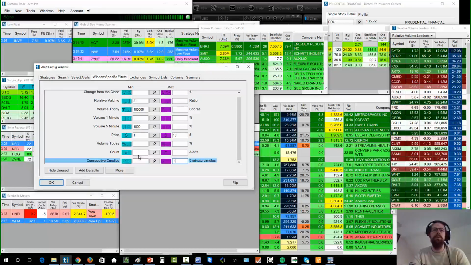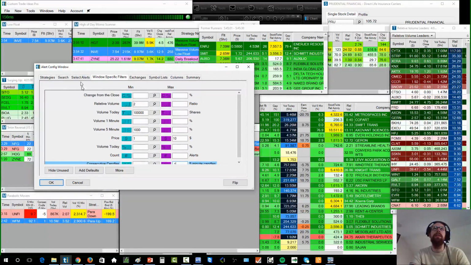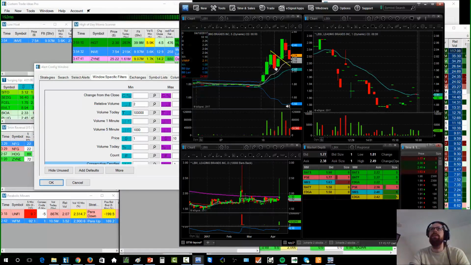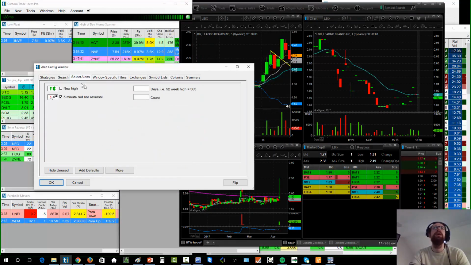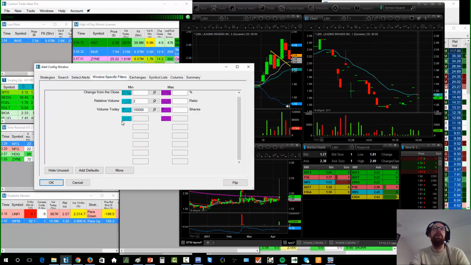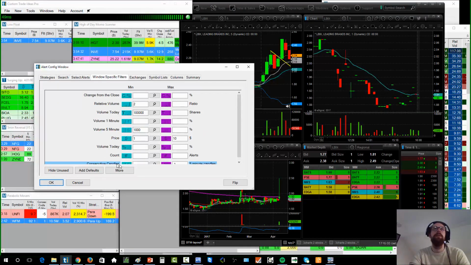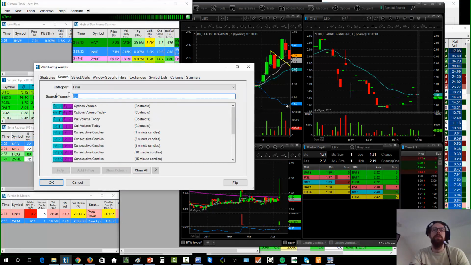Right, so we've got this. Now, one thing that we want to think about is that we don't want to see a stock that's giving us, it needs to be holding above our 9 moving average, right? If this red candle dropped all the way down to here, that's not helpful. So let's do a filter for, let's see, I'll type in more again, and we'll do moving average.